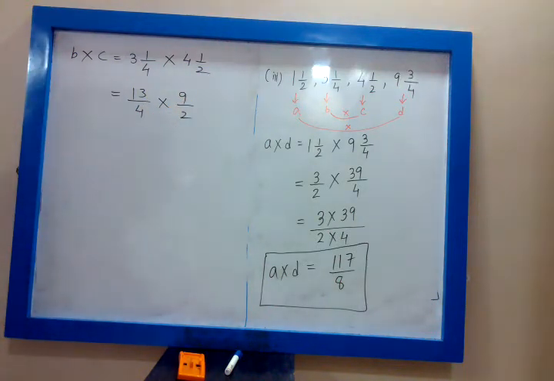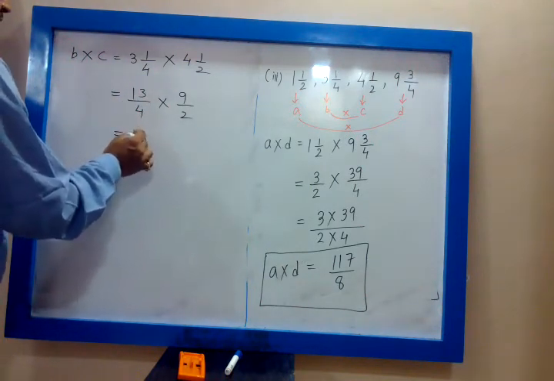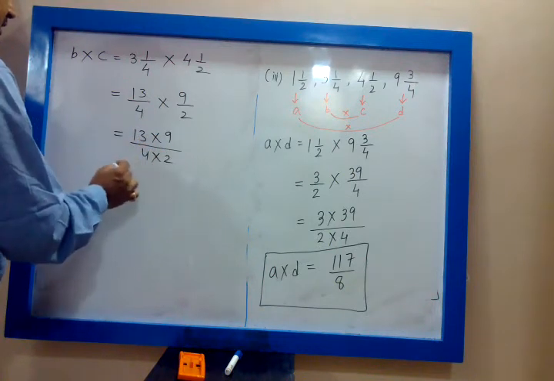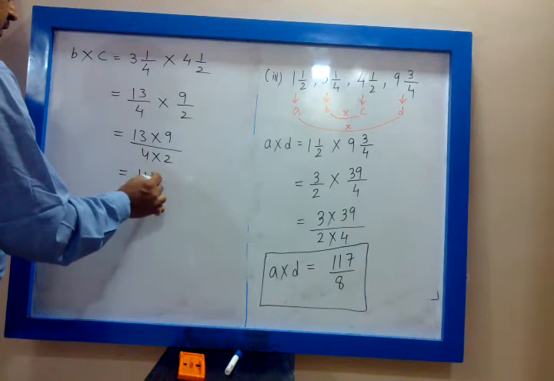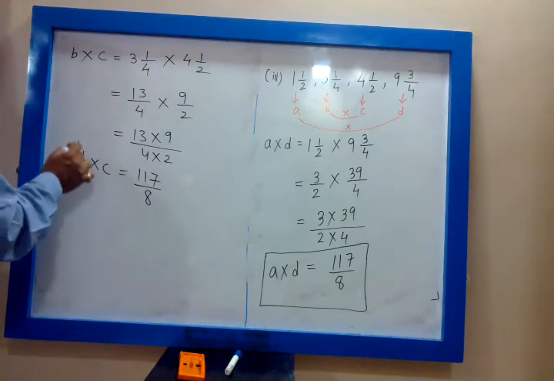How do we multiply two fractions? Multiply numerator to numerator, denominator to denominator. So 13 into 9 upon 4 into 2, 13 9s are 117 upon 8. So B into C is also 117 upon 8.